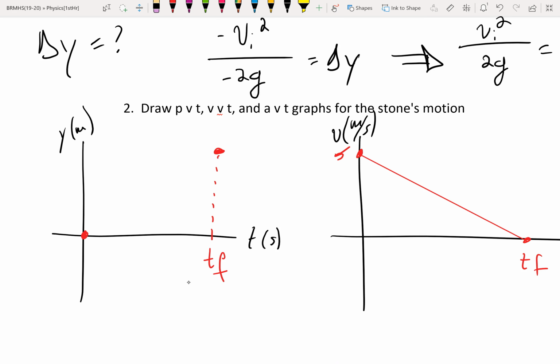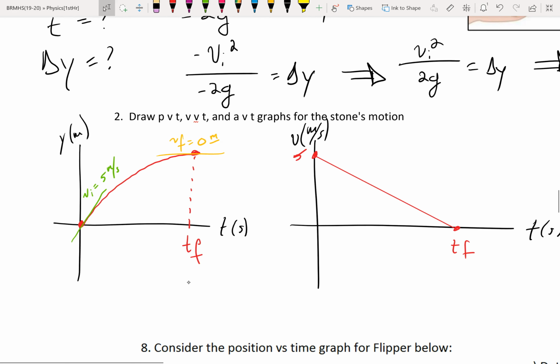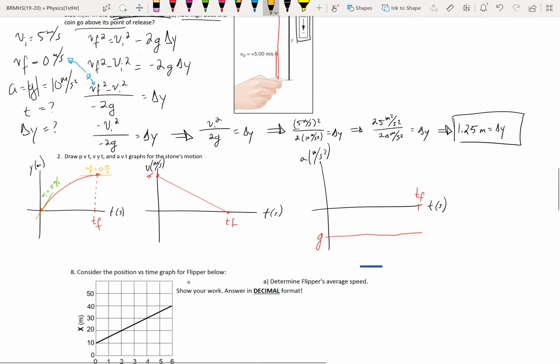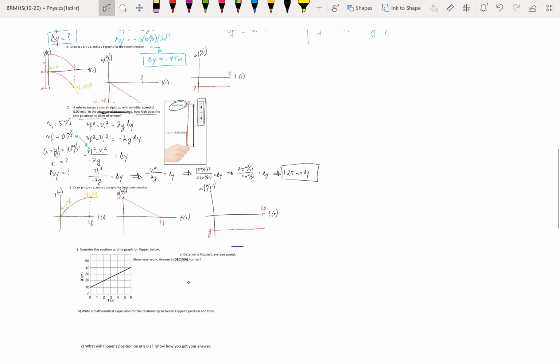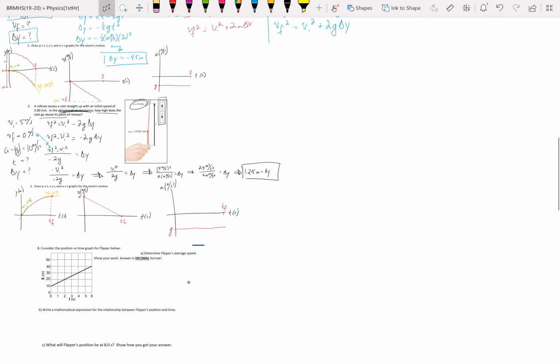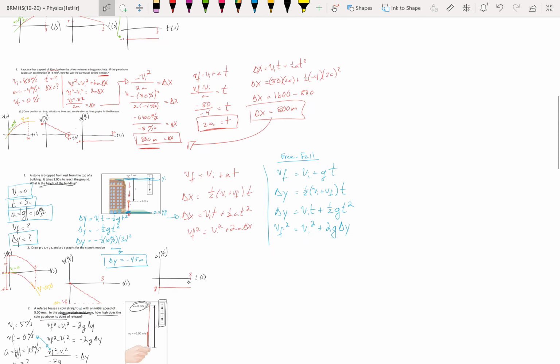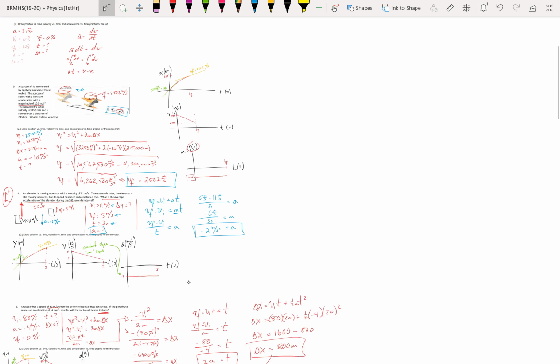And that's not going to be curvy enough, I don't think. Oh, that's pretty good. There we go. Okay, so there's our initial slope, which is our initial velocity, the positive slope, 5 meters per second. Slope is 5, and then we end with flat. V final is 0 because at the top of its flight, its velocity is 0. Okay. All right, so there's all of those with the graphs as well.